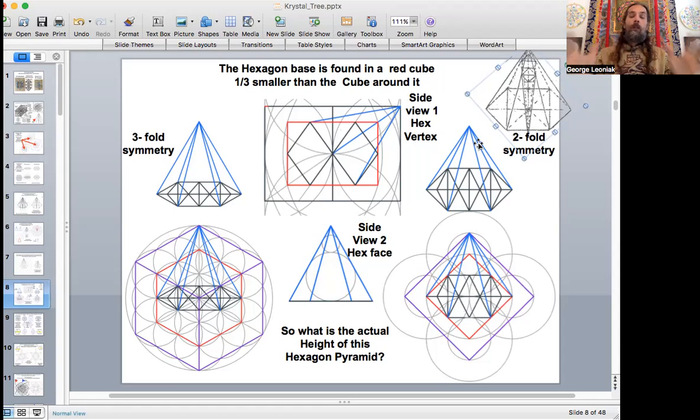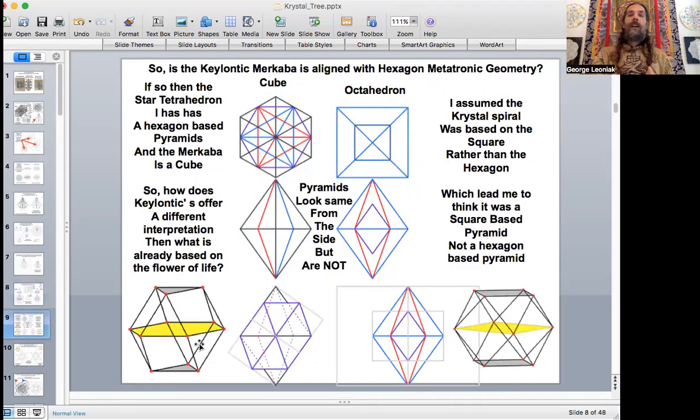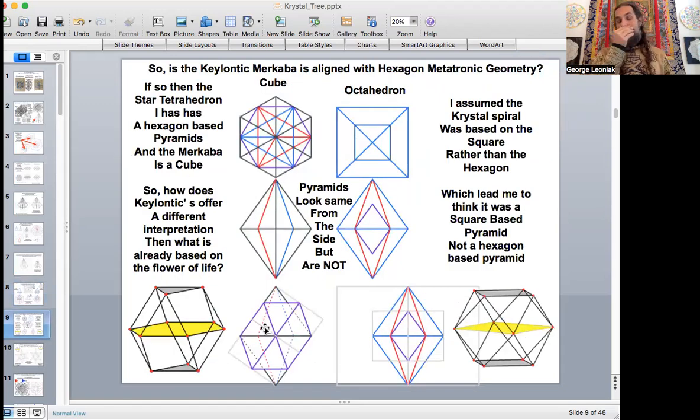But basically why I'm going through all this is to really illustrate that this structure here is based on a hexagon base. And that is really counterintuitive to everything that I thought Keylontic science was based on. It was not related to hexagon geometry at all, it was very much based on a square grid.